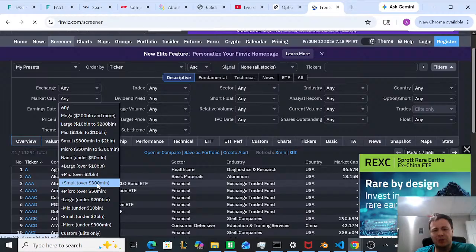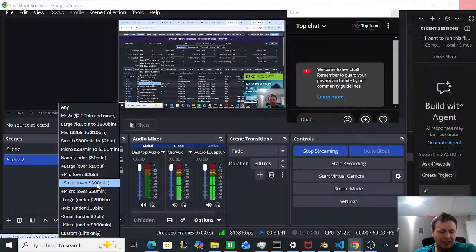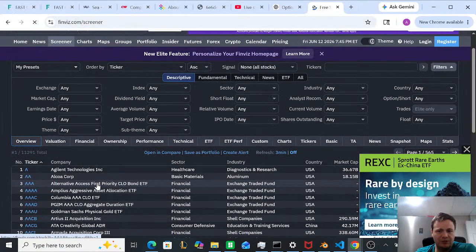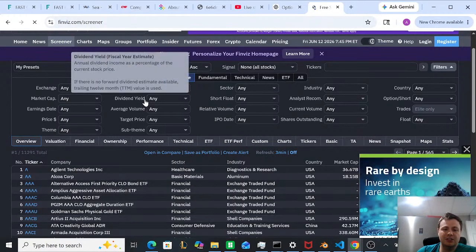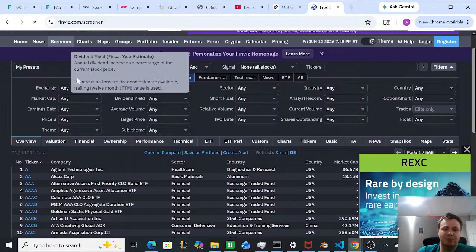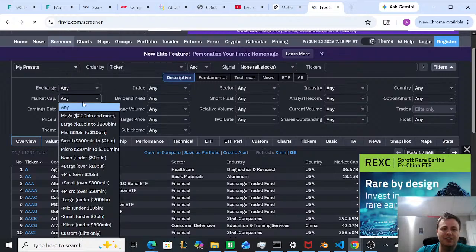I know that's a pretty well established company that's going to be able to deliver those kinds of modest returns. But what I'm looking for is companies that are just beaten up, and the market doesn't like them because they're not flashy.